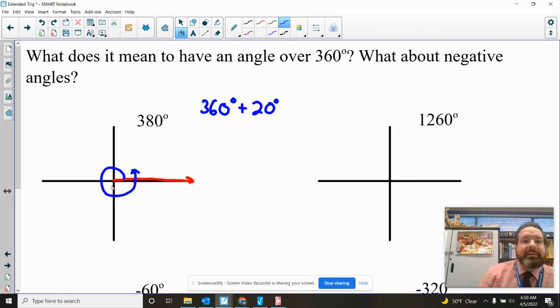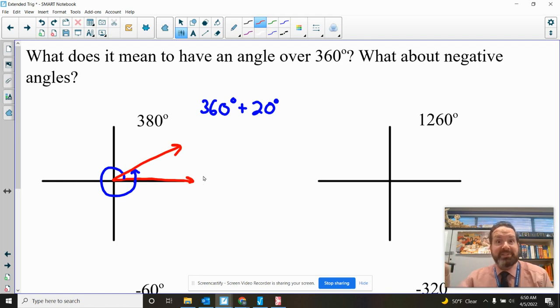The way I'm estimating is I kind of know what 45 is, so 20 should be a little less than half that. I think I've actually maybe gone a little too far. But something in this general location is a full 360 plus an extra 20. So that blue journey, the angle has gone all the way around and then a little bit extra. We have the initial side here, the terminal side there, and the blue curve represents your actual angle.